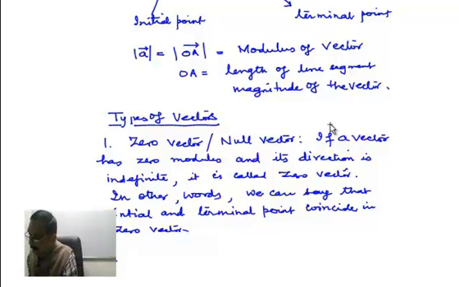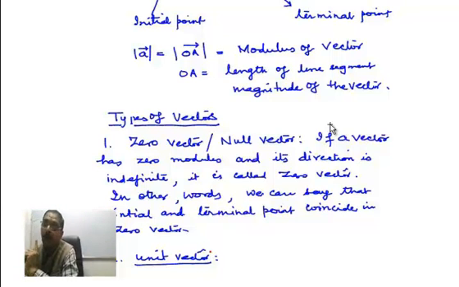Now second type is unit vector. Unit vector is that vector which has its modulus as one unit.